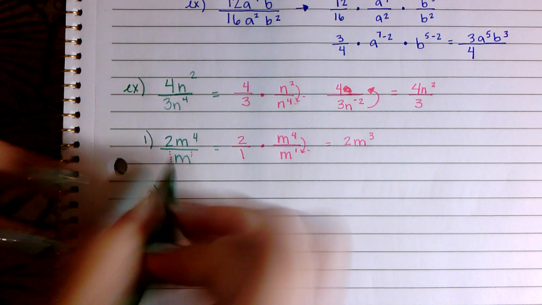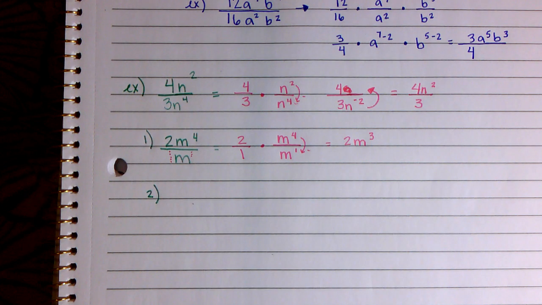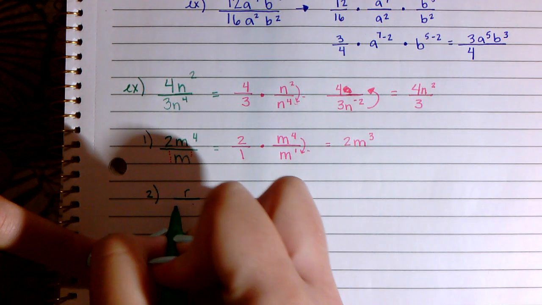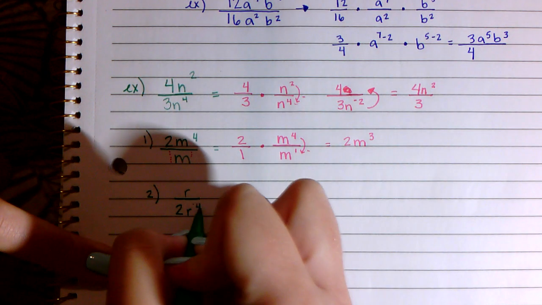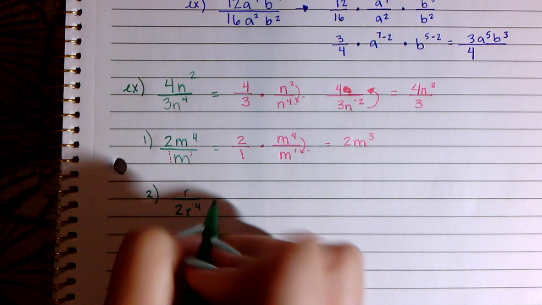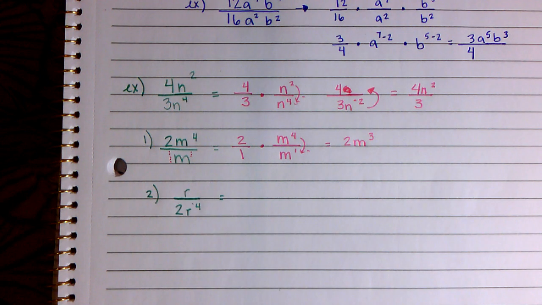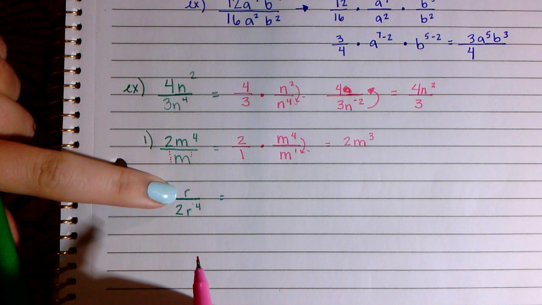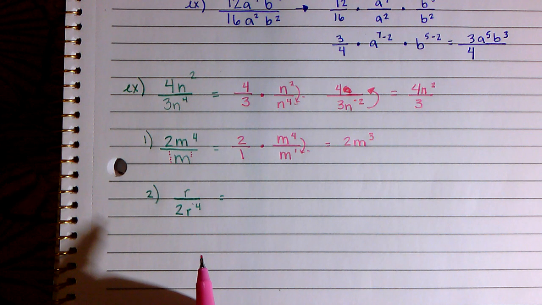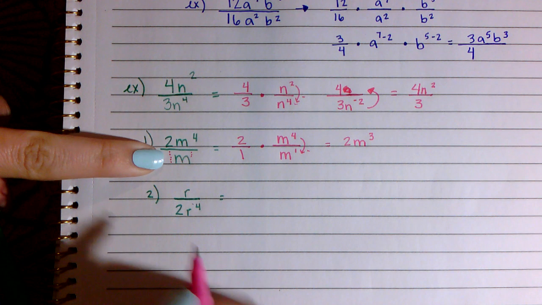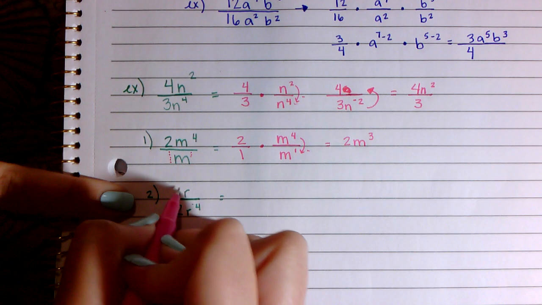Okay, let's do another one. R divided by 2r to the 4th. Okay, so if we split this up, we've got numbers that go first and then letters. Well, let's look at this r. There's some missing stuff, just like we had in this m up here, that we can write to help us not be so confused.